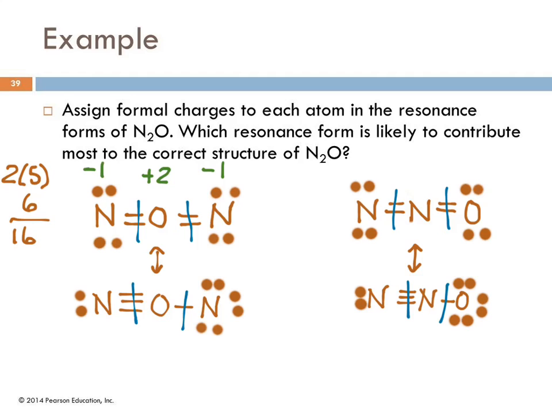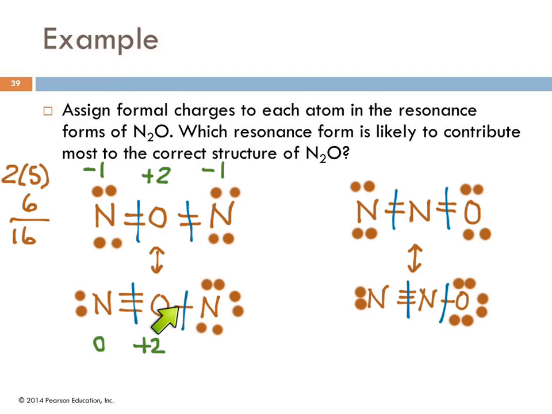Well, let's look at what's going on down here. So nitrogen has 5 valence electrons. How many does this one own in this structure? 5. So 5 minus 5 is 0. I'll write these below. Oxygen has 6 valence electrons. How many does it own in this structure? 4. 6 minus 4 is +2.